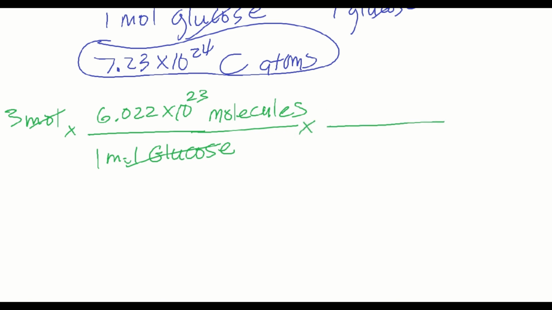And in each molecule of glucose, we have 12 hydrogen atoms.